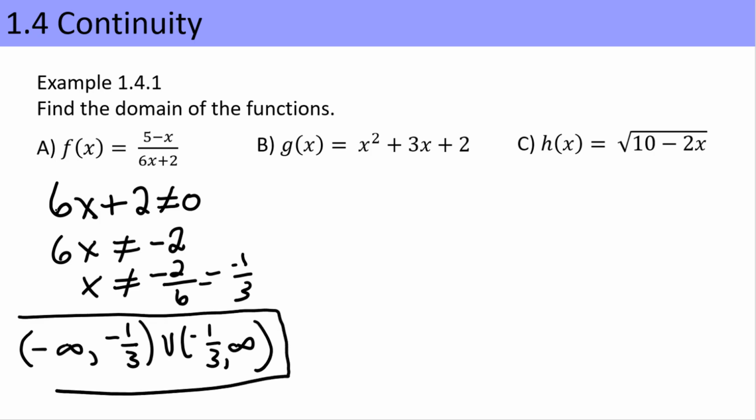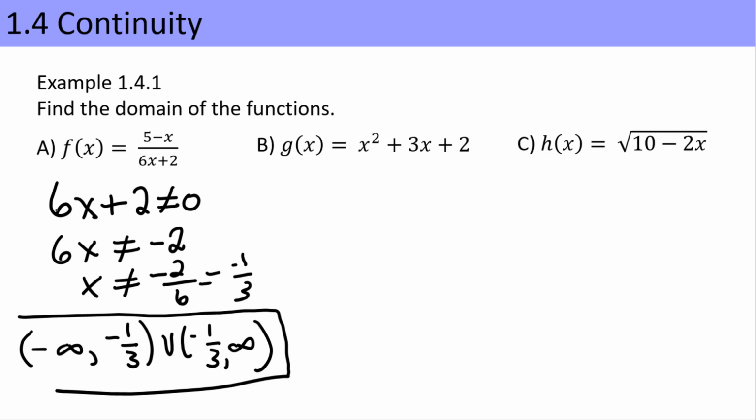Let's look at part B. g of x equals x squared plus 3x plus 2. We have two algebraic restrictions to consider when looking at the domain of a function. One is something in the denominator, and the other is unacceptable values under a square root.